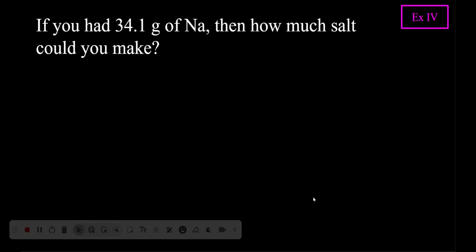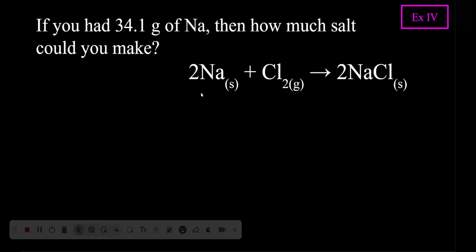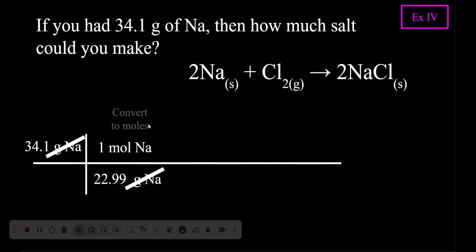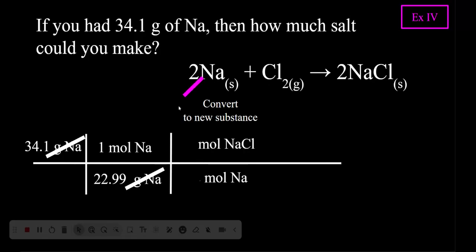Here's another example. So I have some sodium metal, and I want to make some salt. Well, I'm going to set it up. First thing I'm going to do is convert to moles, and that's by defining the molar mass of sodium. And then I would convert from moles of sodium into moles of salt, all right, which is the molar ratio.